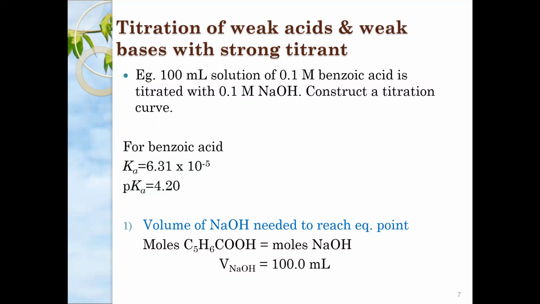At equivalence point, you have to use the M1 V1 = M2 V2 formula. The concentrations are the same, so V2, the volume of sodium hydroxide needed, will be 100 ml also. So that is the first step.